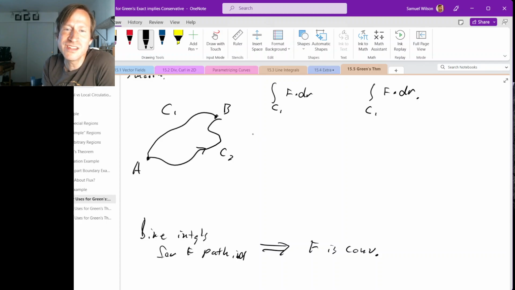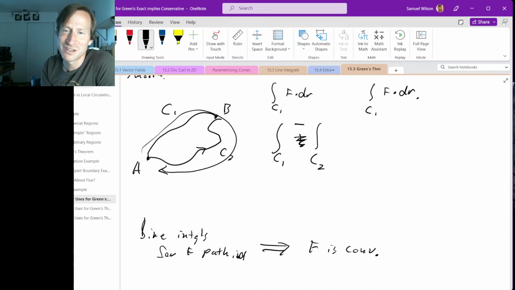If we turn C2 around and go around this entire loop, that gives us the line integral over C1 plus minus the line integral over C2, because we're going across C2 backwards when we go around this loop. So this is the line integral of f dot dr over C1 and then C2 going backwards. This minus sign just means we're going backwards.